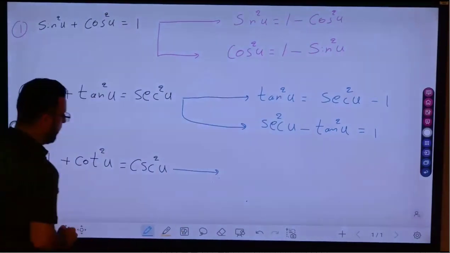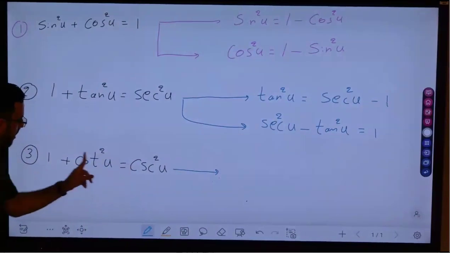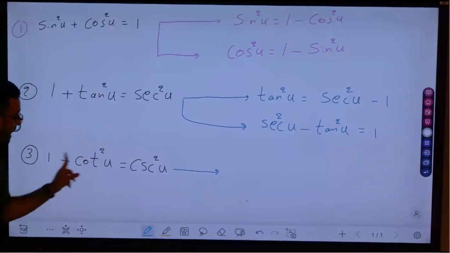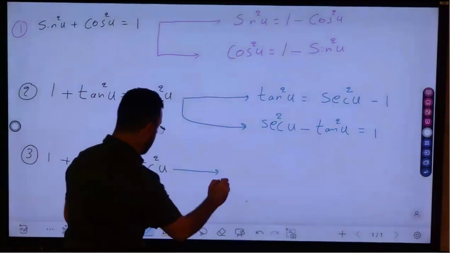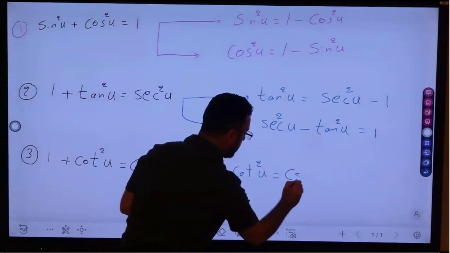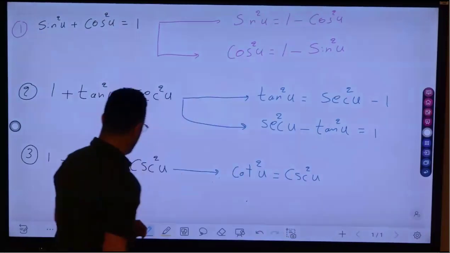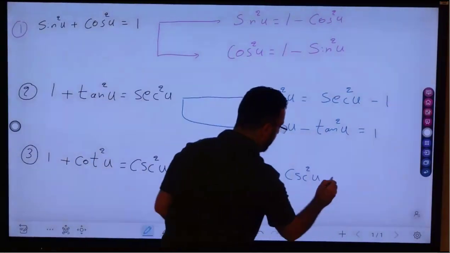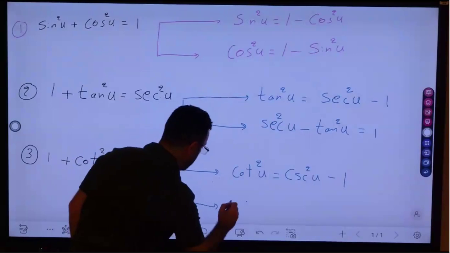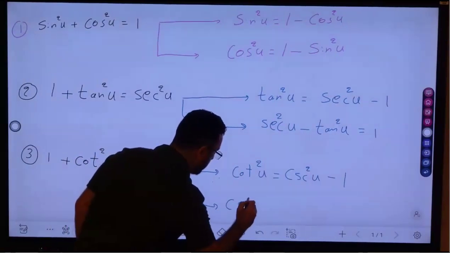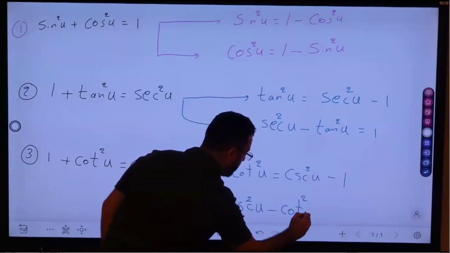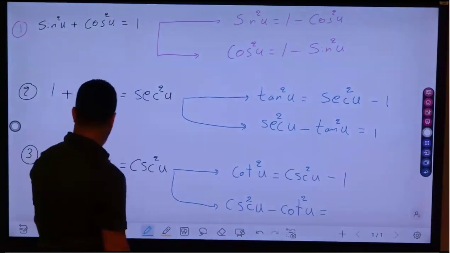The first rule, I can say cotangent square of u equals cosecant square of u, moving the 1 to the other side, minus 1. And the second rule, I can say cosecant square of u minus cotangent square of u is going to be equal to 1.